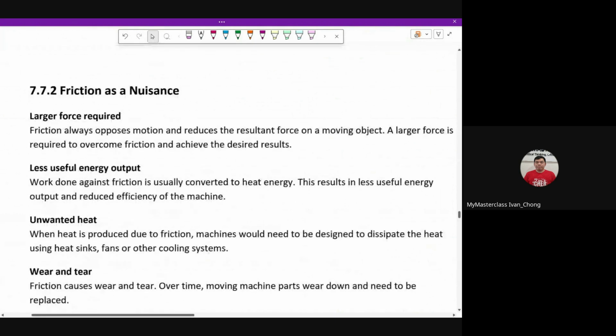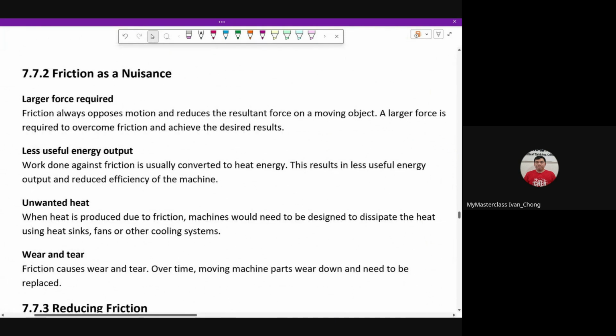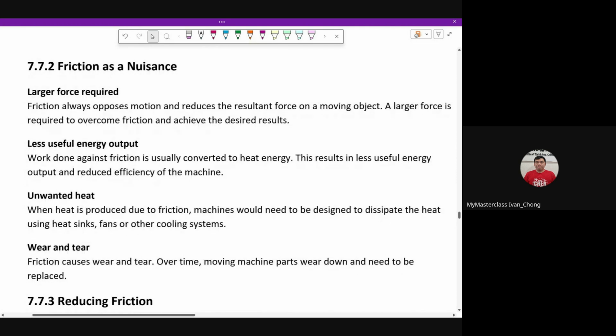So for more details about your advantage and disadvantage and how we increase and decrease friction, we'll take a look at the next page. First thing, friction always stops you. Okay, it always opposes your motion and it will reduce your resultant force. So resultant force is your total force, right? So if you think about it, this is your forward force.